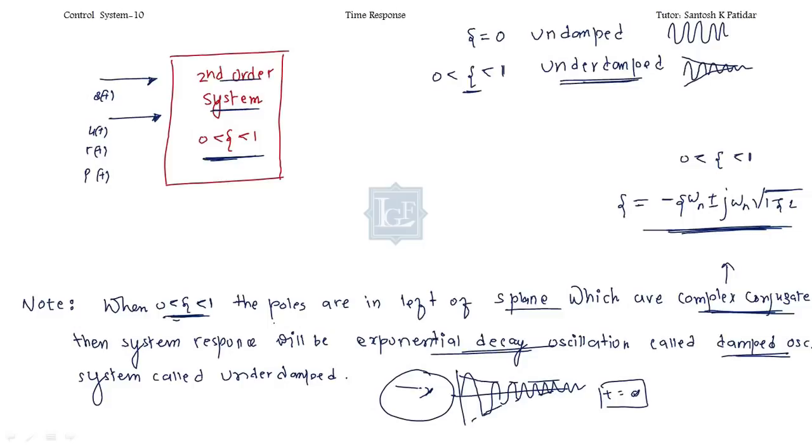Correct? Now we'll see for zeta equal to 1. What is the characteristic equation? If you remember, s square plus 2 zeta omega n s plus omega n square equal to 0.